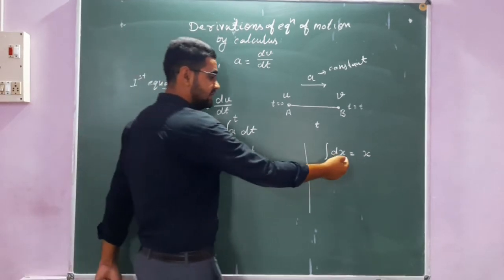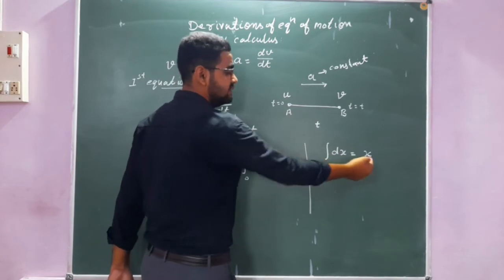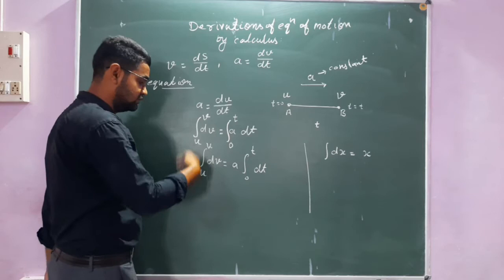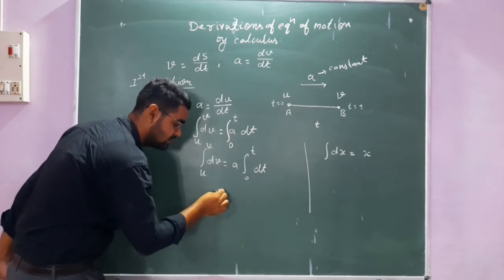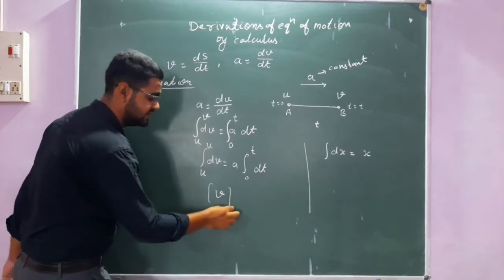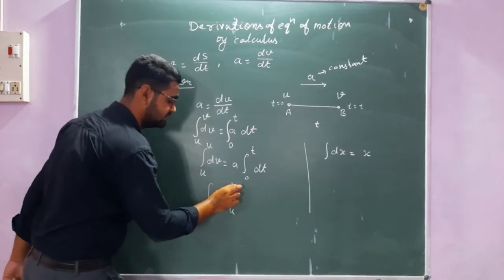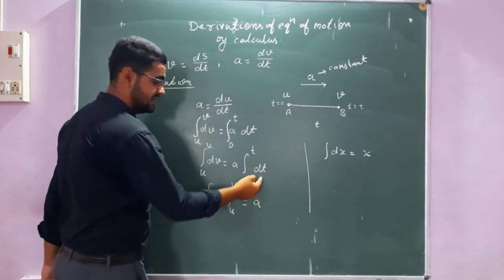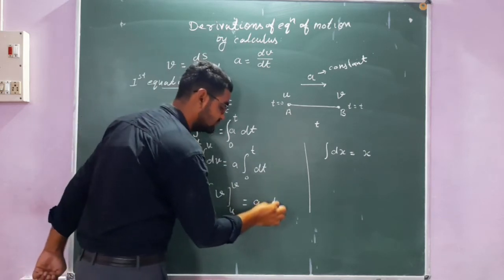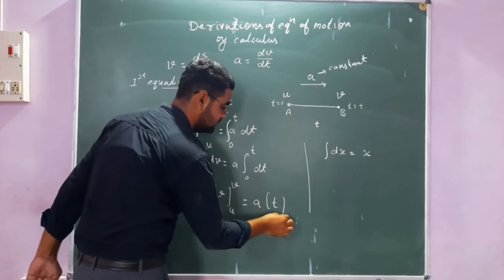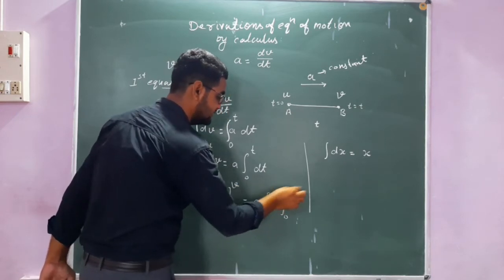So if there is integration of dx, that will be x. So here the integration of dv will become v, with limits lower limit u, upper limit v. On the left side, again the integration of dt will become t, with lower limit 0, upper limit t.